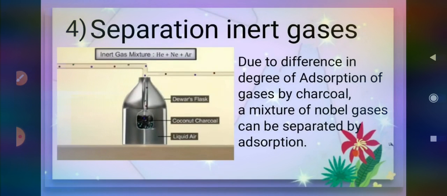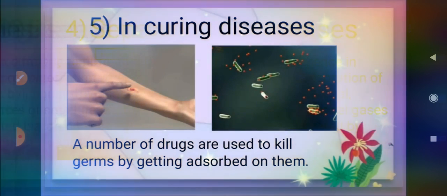Next is the separation of inert gases. Due to the difference in the degree of adsorption of gases by charcoal, a mixture of noble gases can be separated by adsorption. So if you want to separate the noble gases from a mixture, we can use the method of adsorption.